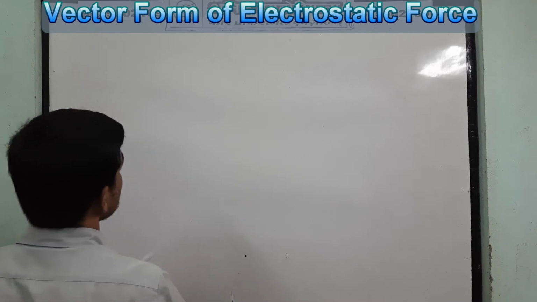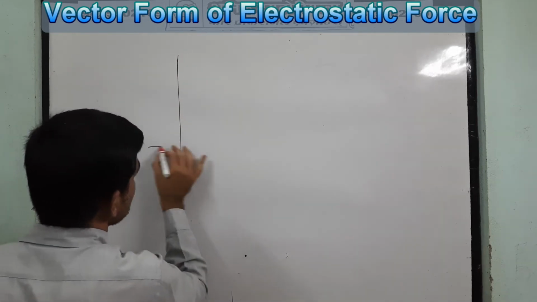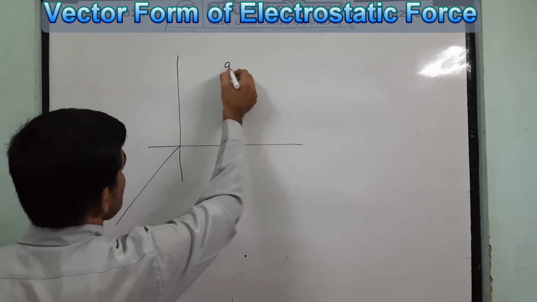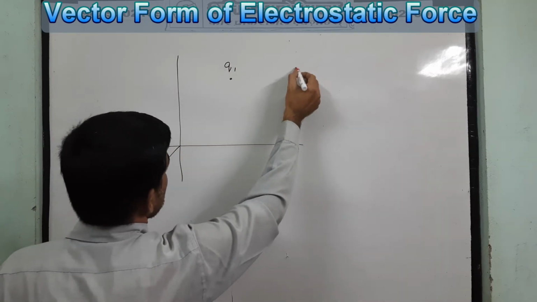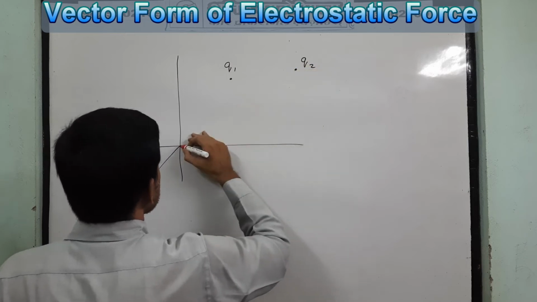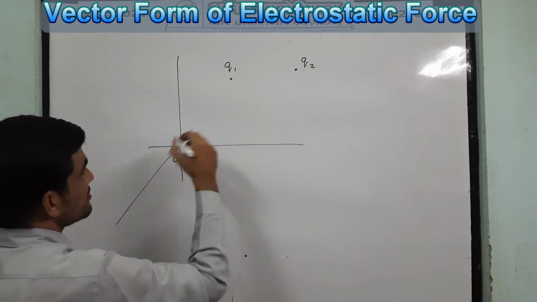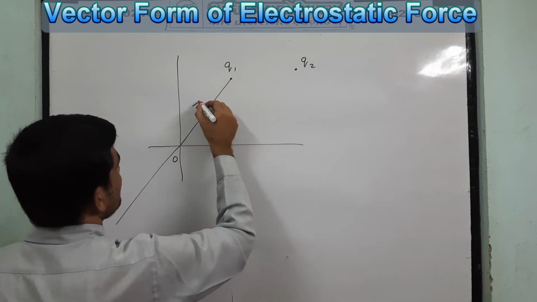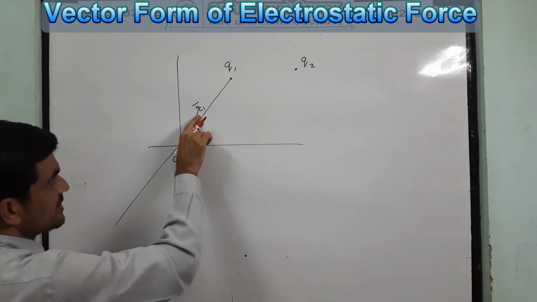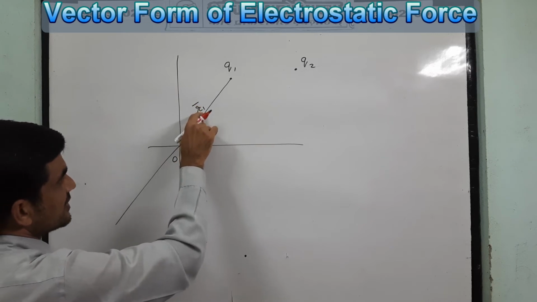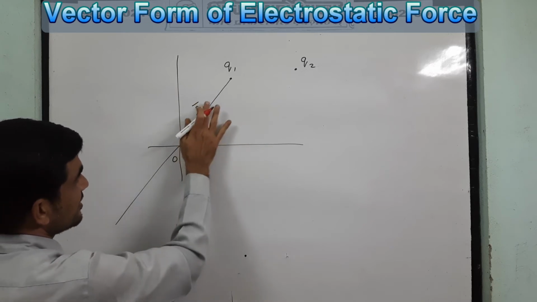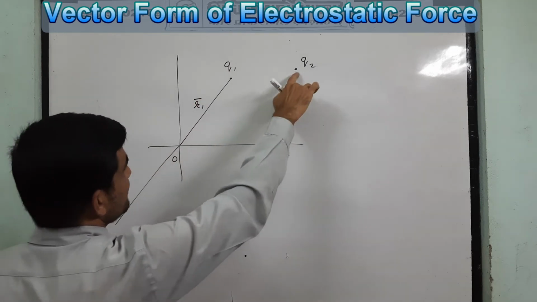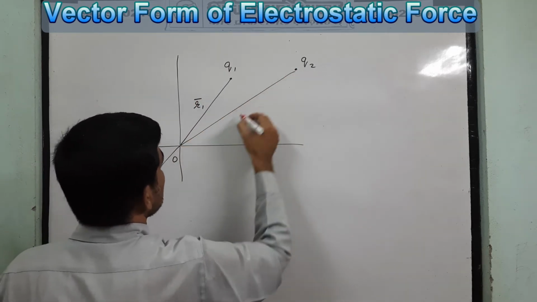In space we have two charged particles, one is q1 and another is q2. The position vector represents the distance from the origin, that is r1. This is a position vector, generally written as r1 bar. So the position vector of q1 is r1 bar and the position vector of q2 is r2 bar.